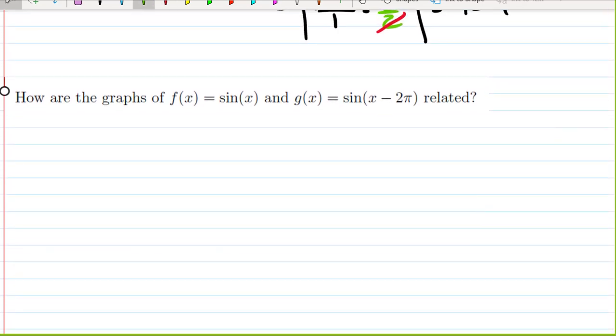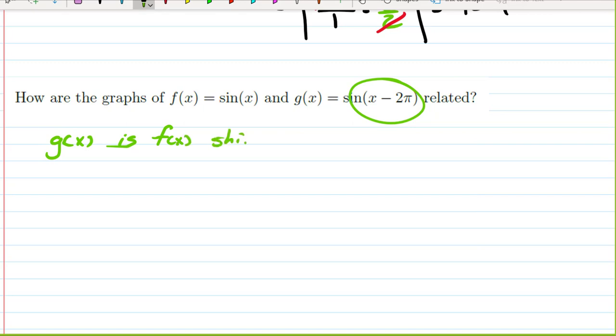What is the x minus 2 pi going to do to g of x? g of x is f of x shifted right 2 pi units. So it's the same graph shifted 2 pi units right.